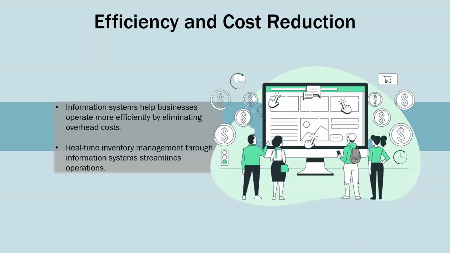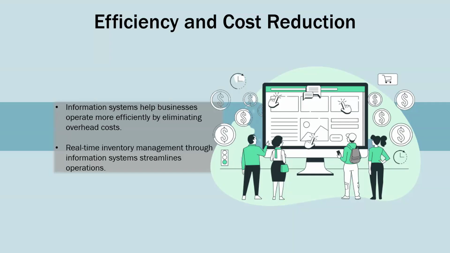Information systems also help with efficiency and cost reduction. Information systems help businesses operate more efficiently by eliminating overhead costs, right? So now, when you have information systems, you are able to operate more efficiently by eliminating overhead costs.